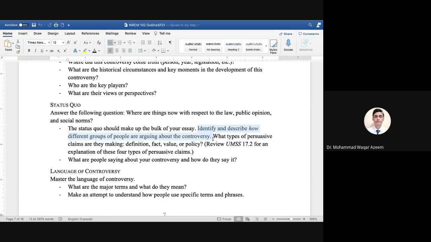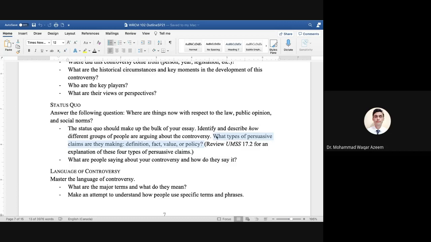What do people say about these issues in their lectures, in their talks, in their articles published in newspapers, or in their essays published in different magazines, or in the chapters which they publish in books, or in the books which they publish? Additionally, what types of persuasive claims are they making? Claim of definition, claim of fact, claim of value, or claim of policy?